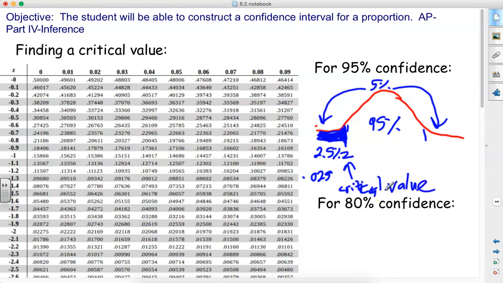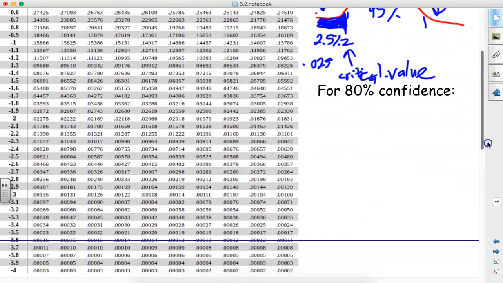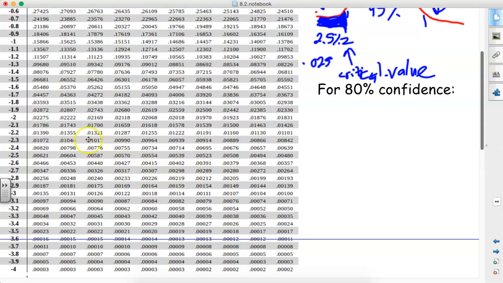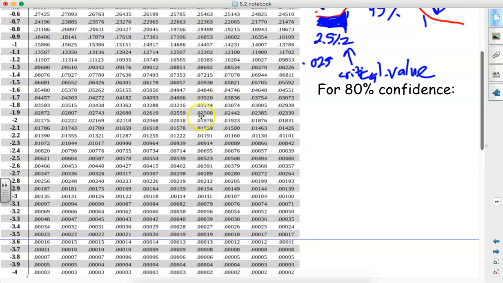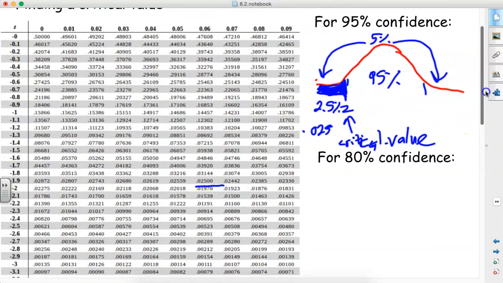So let's look at 0.025 in the z-table. We need to go way down here further somewhere. Let's see if we can find the closest one to 0.025. 0.0268, 0.02500, right there. Bam. What is the z-score for this value right here? Let me underline it and figure out the z-score for that.